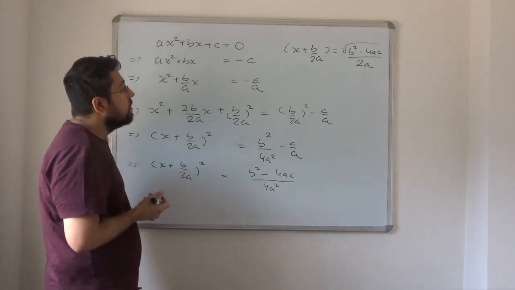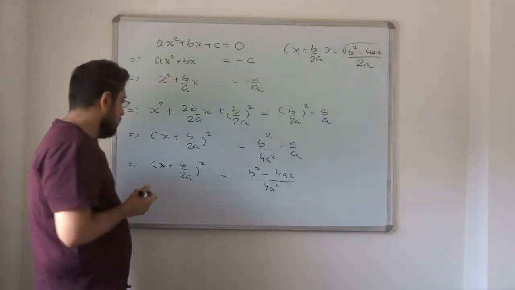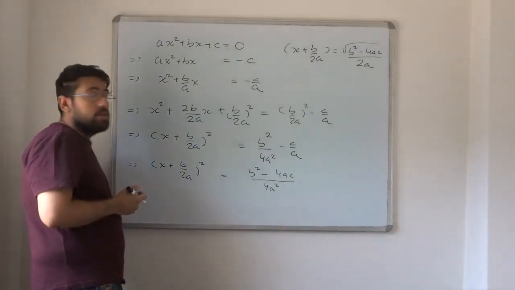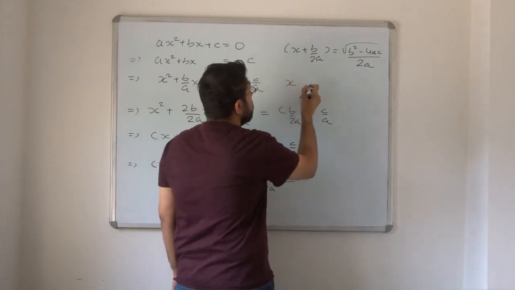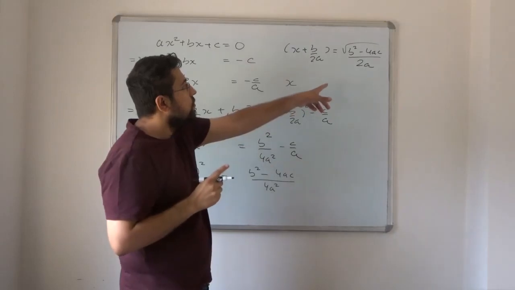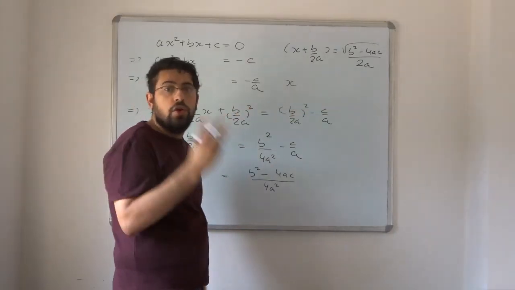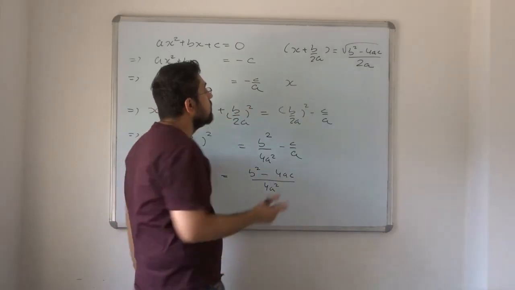And then, what is the next step here, guys? The next step is kind of easy. This is a step where everyone screws up. Remember what I told you: whenever you take the square root, you're always going to have two values, so it's going to be plus and minus.